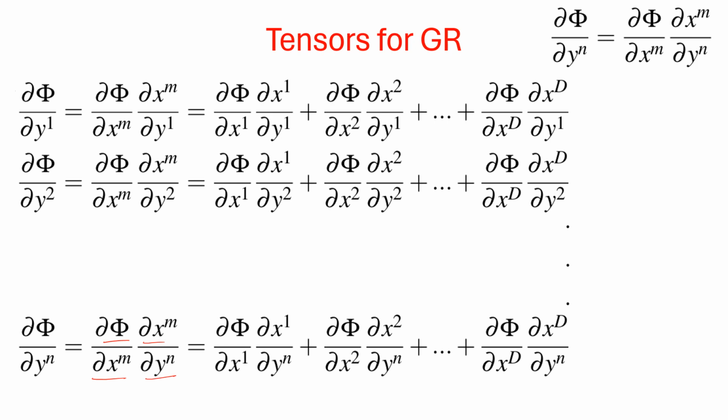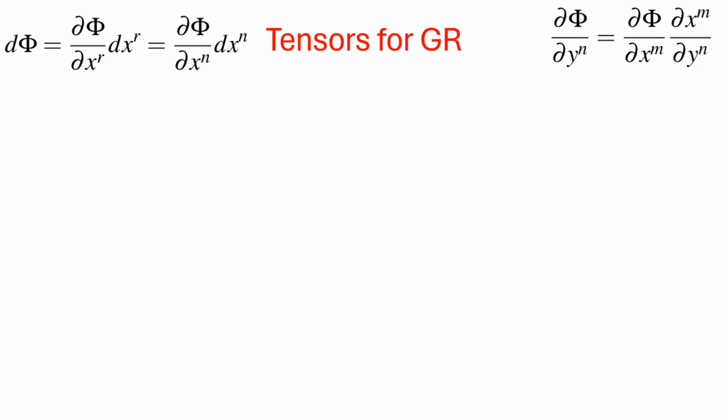Here the dummy variable is xm. So m is an index that is repeating, so you have to consider summation over that. So this is how tensor goes up.